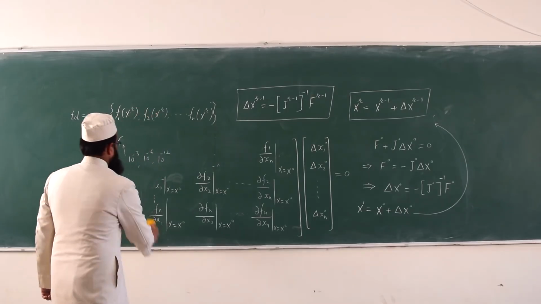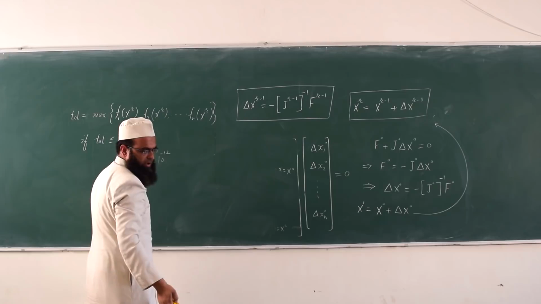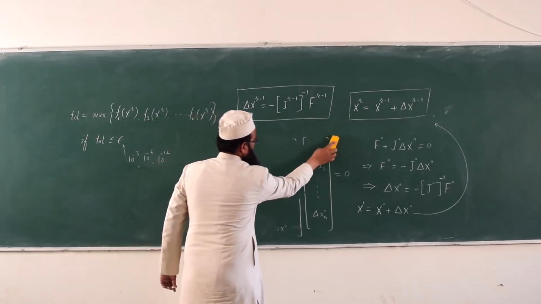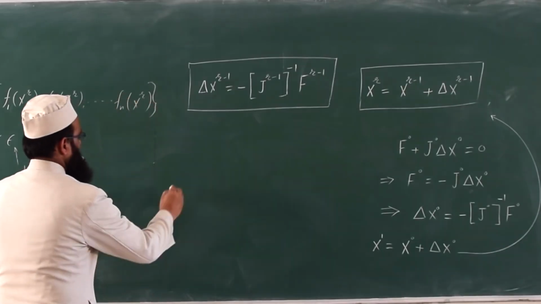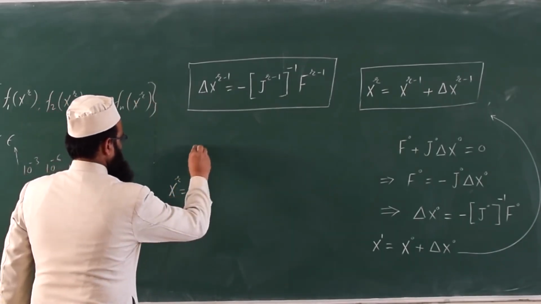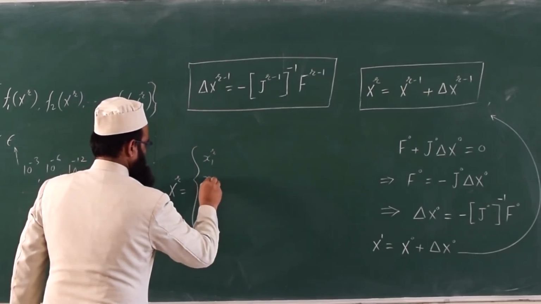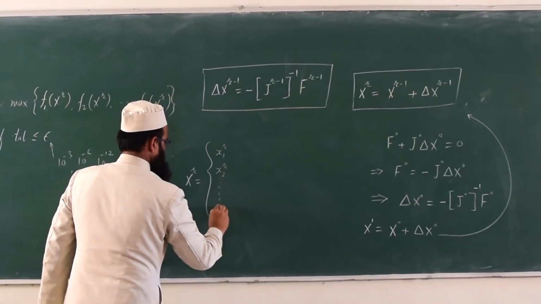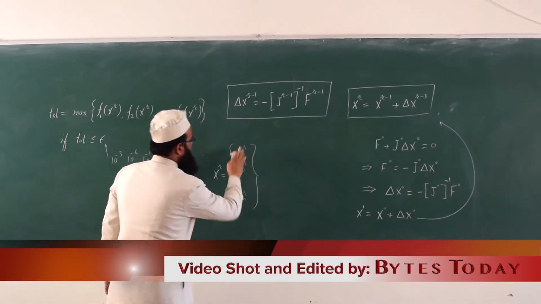Updated x r means we are having our design vector x. So, corresponding to x r, we will get x1 r, x2 r, xn r. These are our solutions.